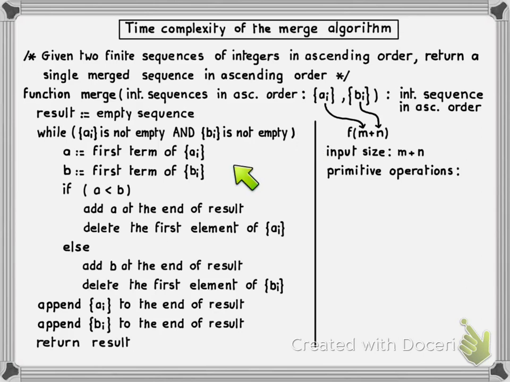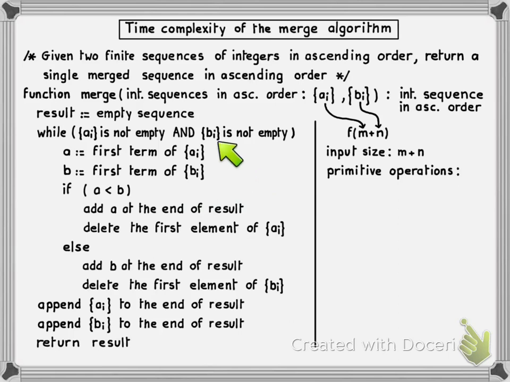Well, we already argued that these are constant time operations, and so are these, and notice the runtime of the then block is exactly the same as the runtime of the else block in terms of number of primitive operations. So this if-then-else block always takes the same amount of time, and that's constant time.